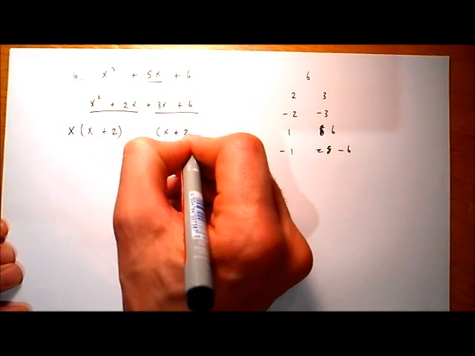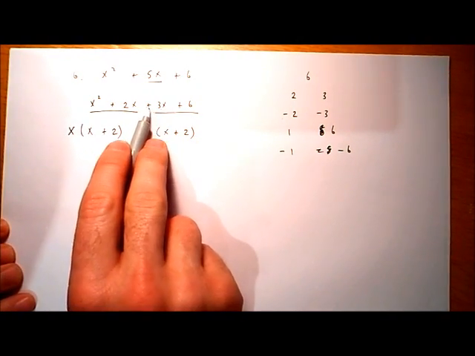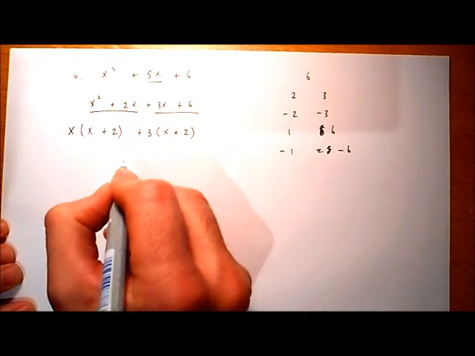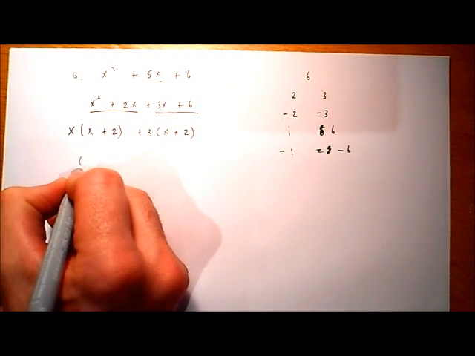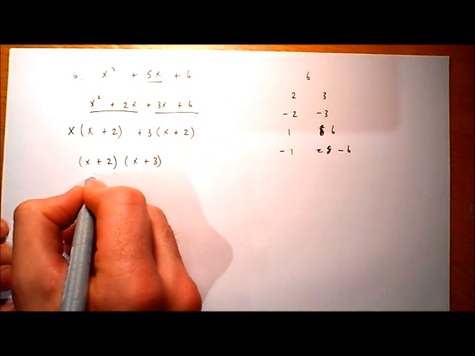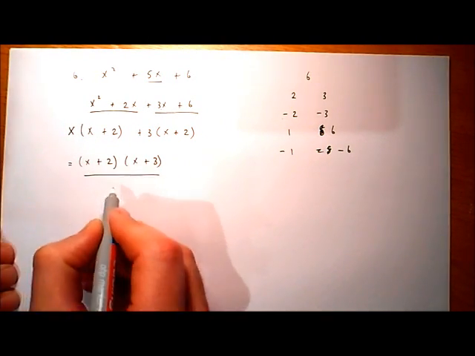So I have x plus 2 over here. And then, what do I multiply x by to get plus 3x? Well, I multiply it by plus 3. 3 by x gives 3x, just check, and plus 3 by plus 2 gives 6. And now I can write x plus 2 and x plus 3. So I factorize by splitting the middle term.